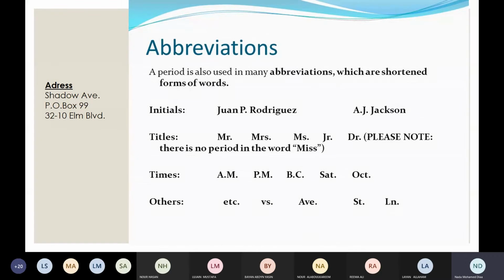Avenue is for addresses and streets, like Shadow Avenue. Avenue, AVE, is like a block of streets. PO Box, the mailbox, P.O. Box. This is Boulevard, ends with BLVD, ends with a period.